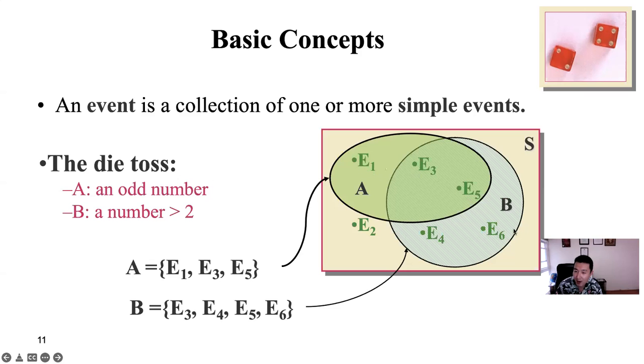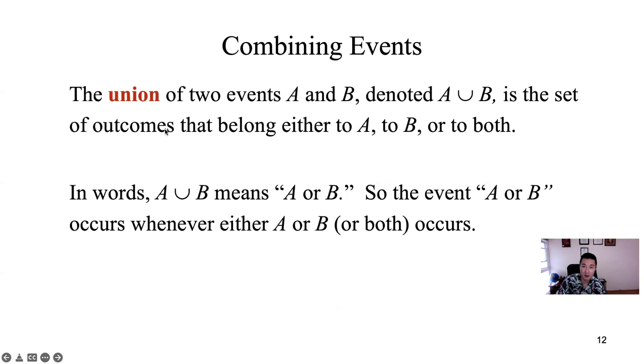So we have five possible outcomes for A or B. Anything belonging to these two circles is called A or B. E2 is outside A or B. Again, we call that union, or half circle facing up. We also call that A or B. That means whenever either A or B or both A and B occur. So that is union.